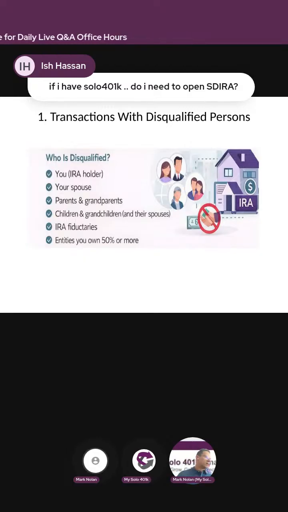So who is a disqualified person? Well, according to the Internal Revenue Code, disqualified persons include you as the IRA participant, aka account holder or IRA holder, your spouse, your parents and grandparents, your children, grandchildren, any fiduciary of your IRA, or even the custodian or the advisor of your IRA.